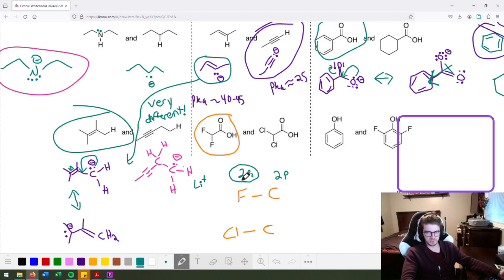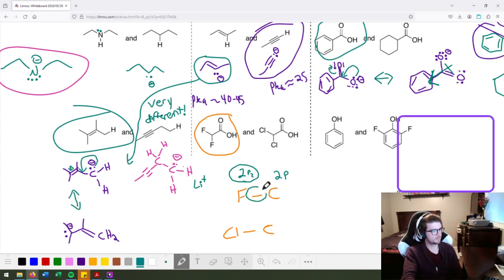But what this is essentially saying is that the orbital on fluorine that's bonding with the orbital on carbon, that was a terrible way to set up that sentence. Let's try again. The orbitals on fluorine and carbon that overlap in order to make the bond are roughly the same size. That's better. Let's stick with that.